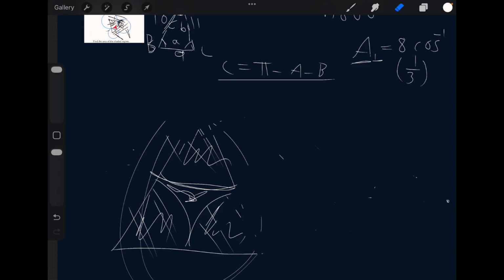So the area of the red region, let me just erase this.